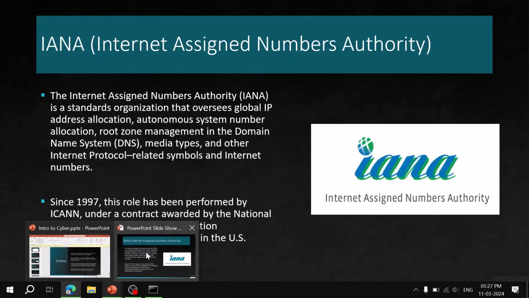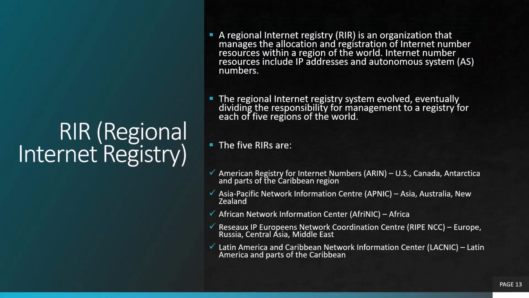Now we have the RIRs, which are the Regional Internet Registries. In the beginning, we came to know about IANA, which is a department of ICANN. It means ICANN is the bigger one, then we have IANA, and finally the RIRs, who take care of the different regions.